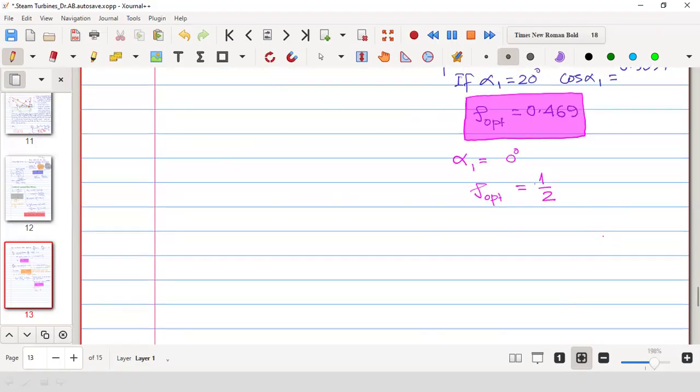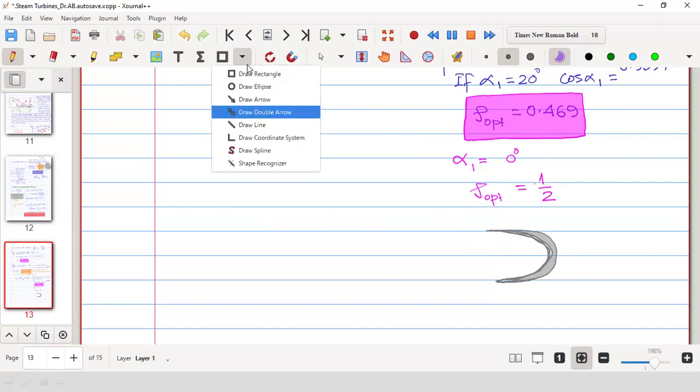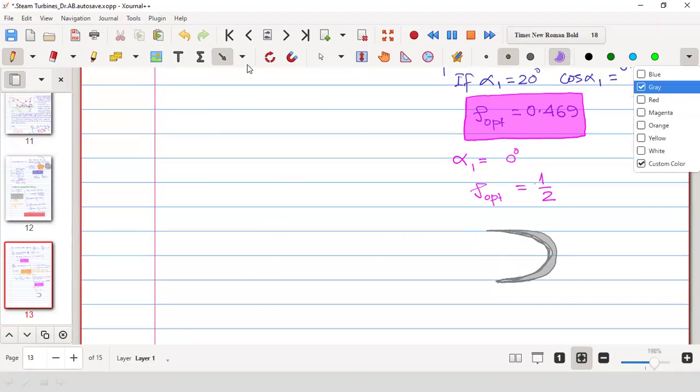Alpha 0 means, in that case, basically, we are considering a blade like this, and a situation where the fluid is coming, VR and U are parallel.